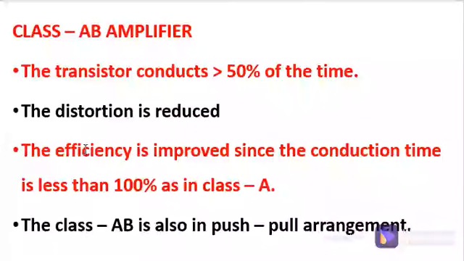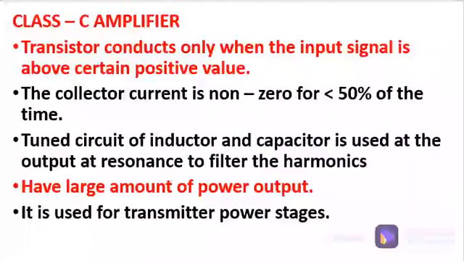The efficiency of this amplifier, class AB, is also improved, since the conduction of the transistor is less than 100% as in class A. The class AB amplifier is also a push-pull arrangement because it has two transistors. While one is conducting, the other one is off.